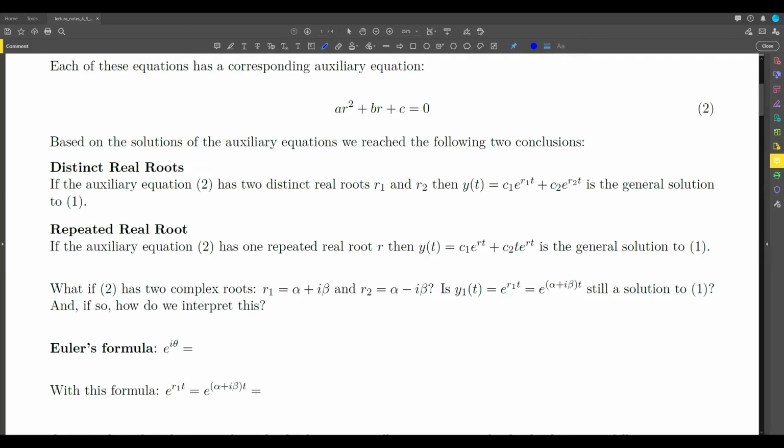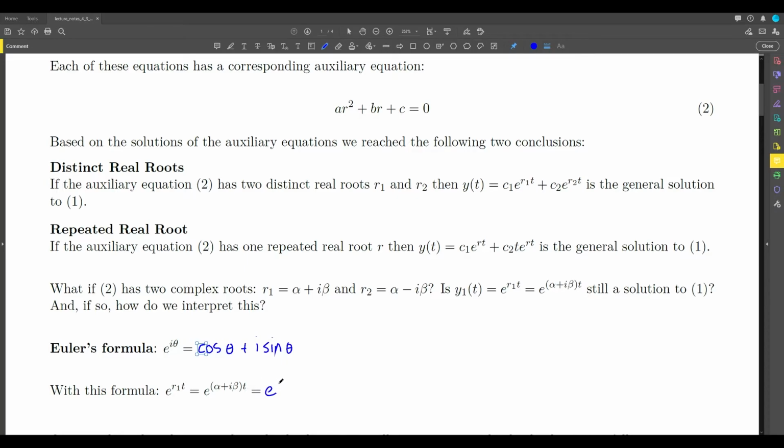Euler's formula says that e^(i theta) can be written as cosine of theta plus i times sine of theta. We can then use that formula to rewrite e^(r1 t), which is equal to e^((alpha + i beta)t).